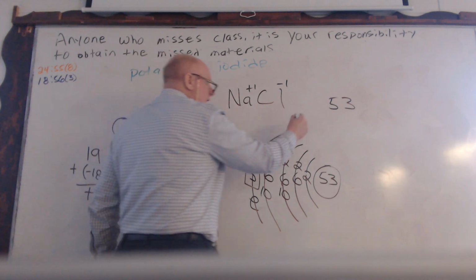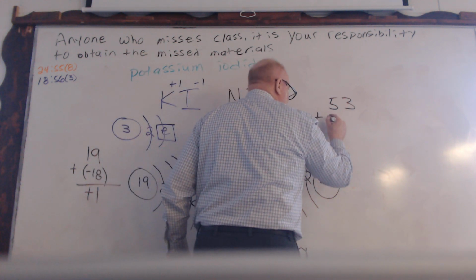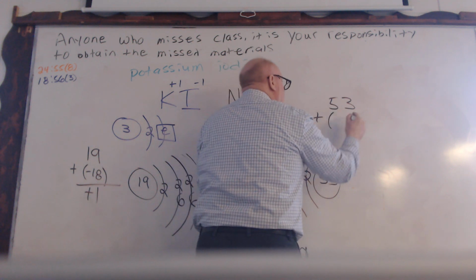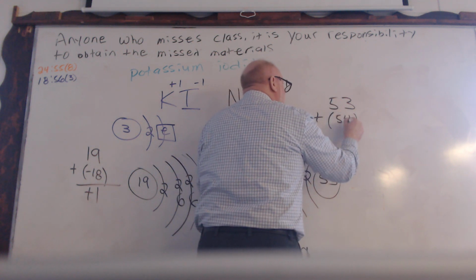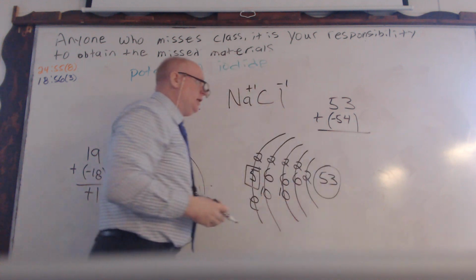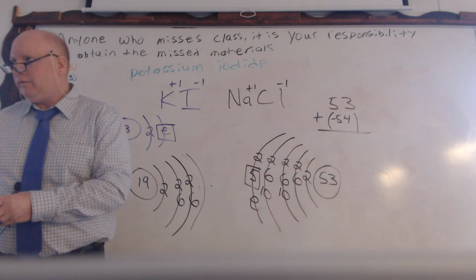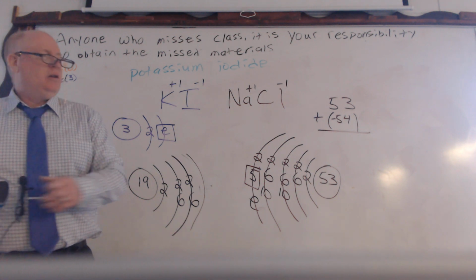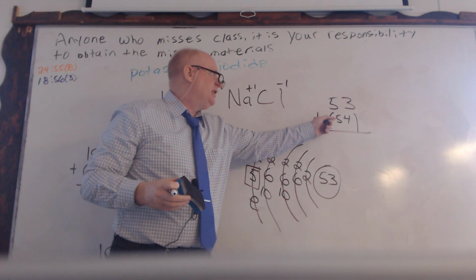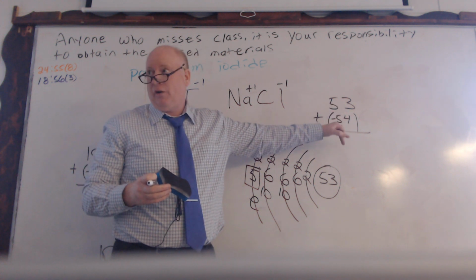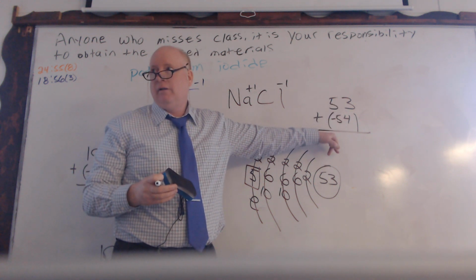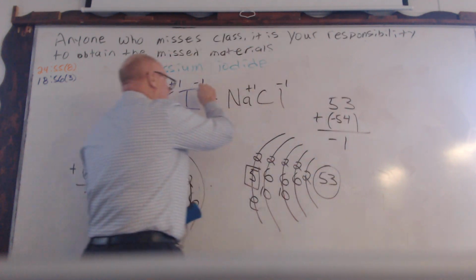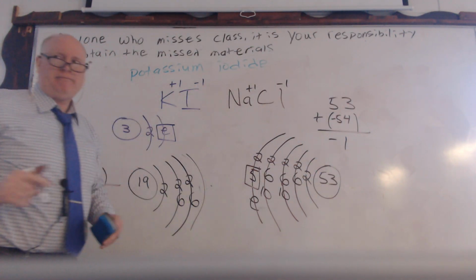So now, if there's 54 out here, and we add those two numbers together, what do we get? Okay, so 53 plus negative 53 gives you 0, right? This would give you a negative 1. That's where that number comes from. Okay?